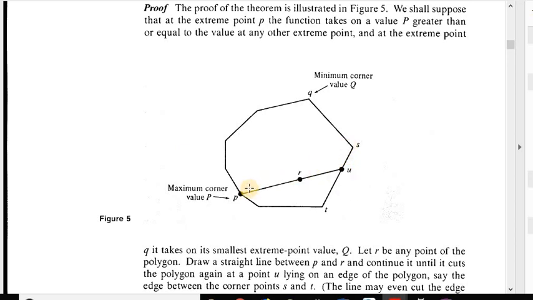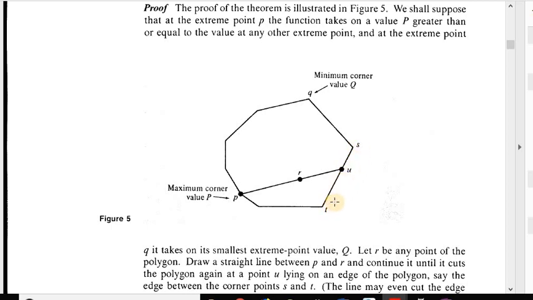So we have a line segment where the 2 endpoints are on the boundary of the convex set. Right? So we know that this one has the largest value corner point. This one is on the boundary. Now this one is going to be on a line segment between 2 corner points.